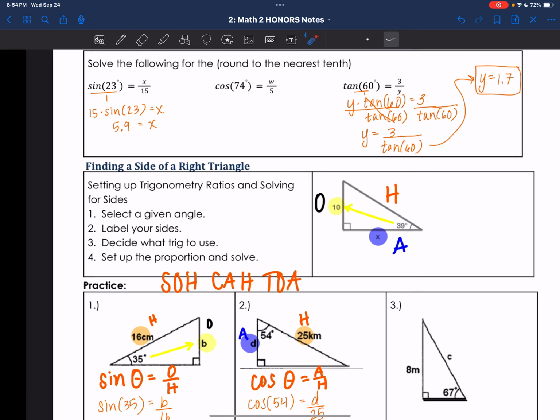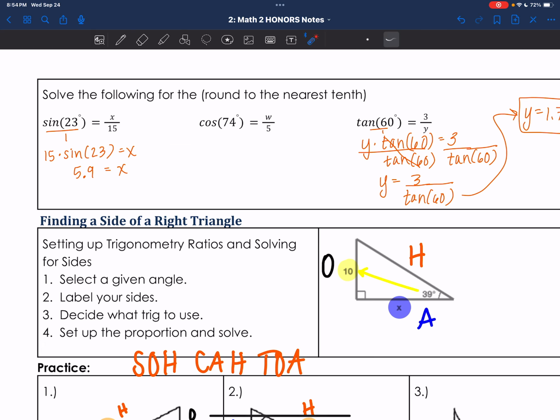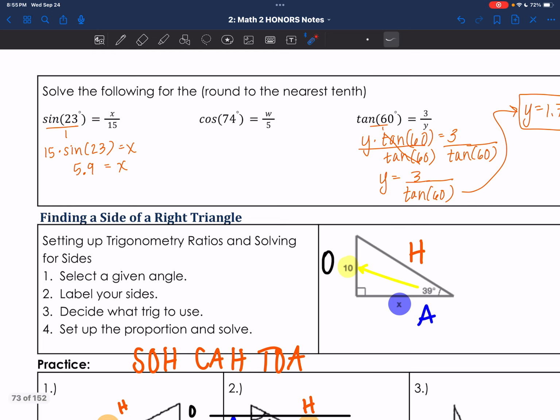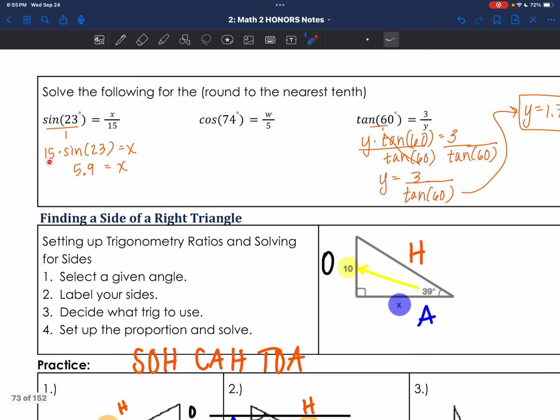There's the calculator. Now we're going to solve, and we're going to round to the nearest tenth. In this case, we have sine of 23 equals x over 15. We set this up as a proportion and cross multiply. We get 1x equals, and I usually like to write it this way first, 15 times sine 23.